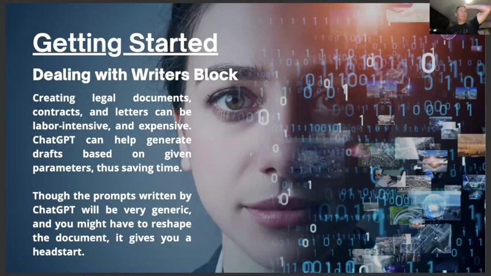I think one of the things that a lot of us have challenges with is dealing with writer's block and not really knowing where to start. So getting started with ChatGPT is a really good way to get the ball rolling. It can create legal documents and contracts and letters, which can be obviously labor intensive, and if you're using a lawyer to create those, it can be very expensive.